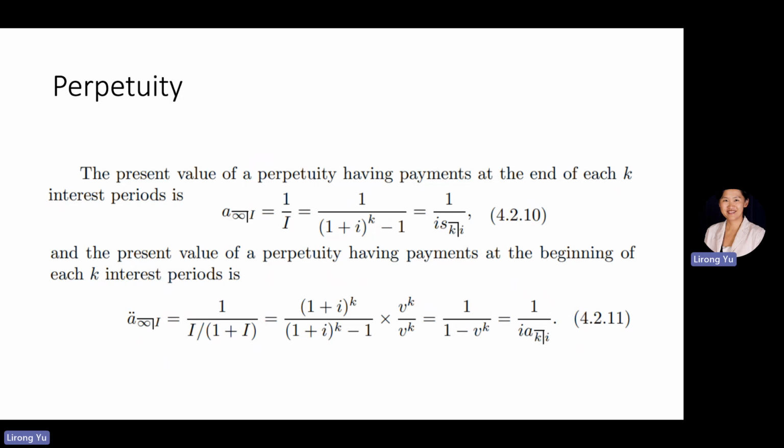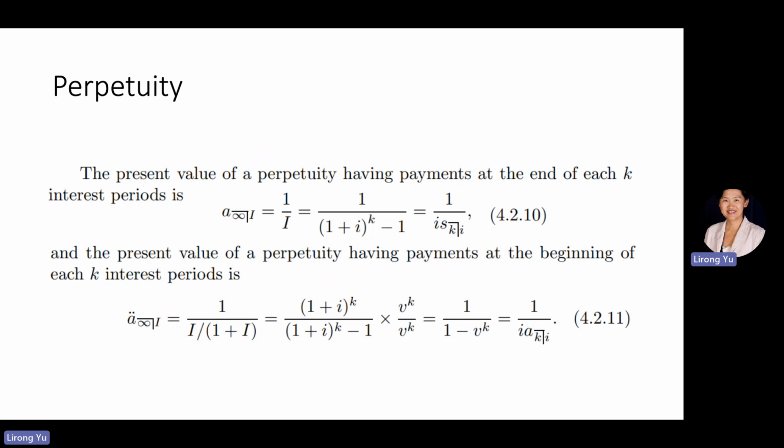That is similar to, remember, for annuity immediate, it was a-angle-n over s-angle-k. Now 1 over i is also a-angle-infinity.